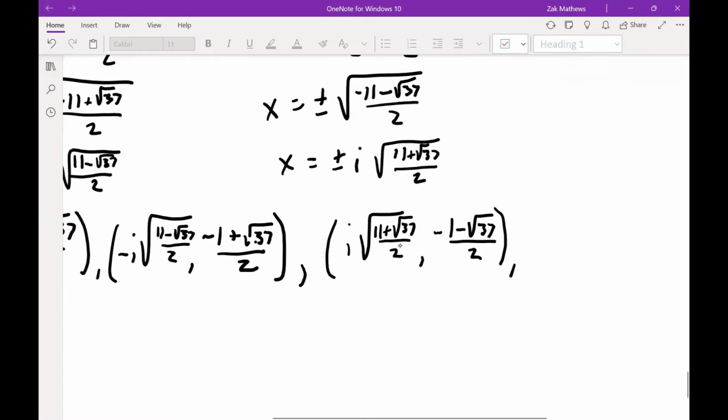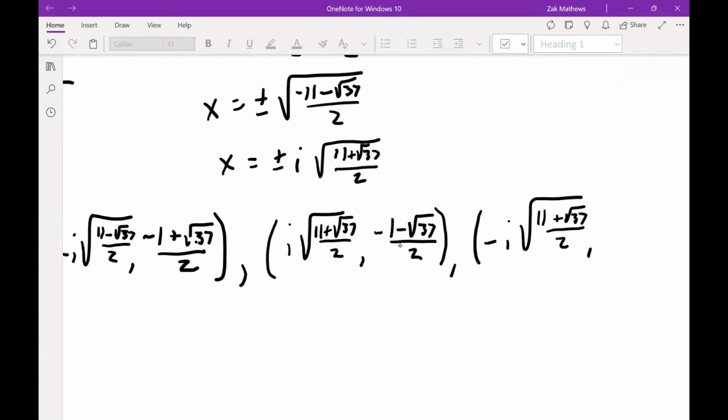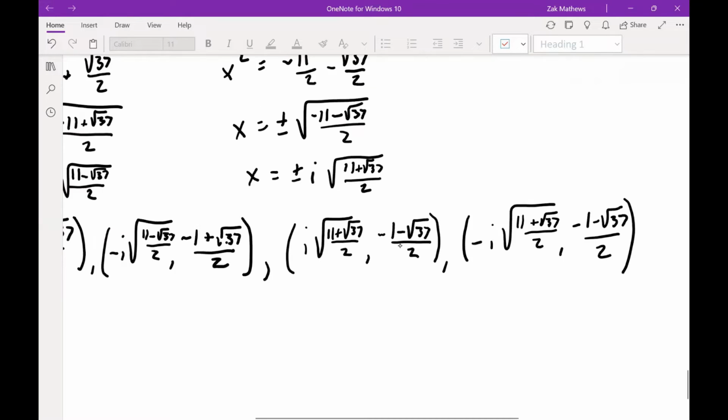And then the second one, we'll have the negative i square root 11 plus square root of 37 over 2, comma, negative 1 minus root 37 over 2. So those would be our four solutions.